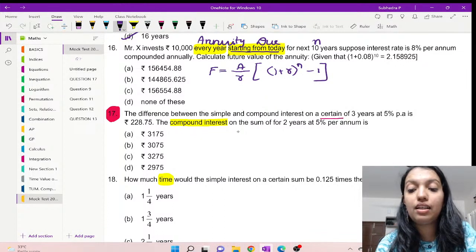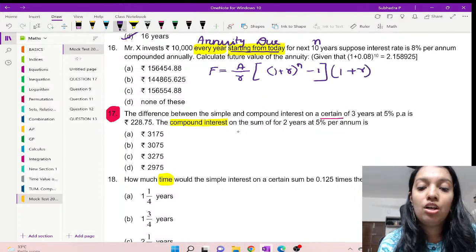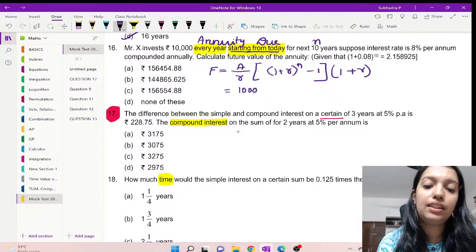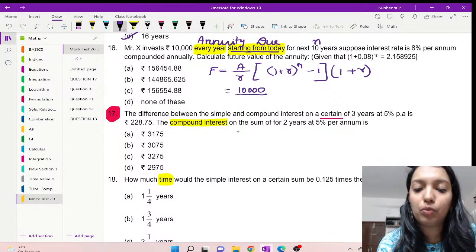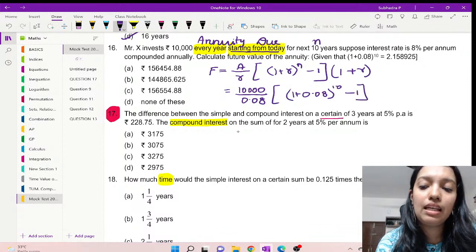For due related question, you have to multiply 1 plus R. So this will be 10,000 divided by, what is R? 8%, 0.08 into 1 plus 0.08 whole to the power 10 minus 1 into 1 plus 0.08.